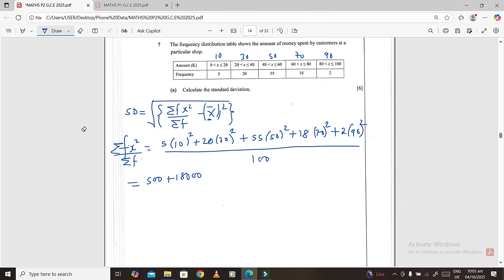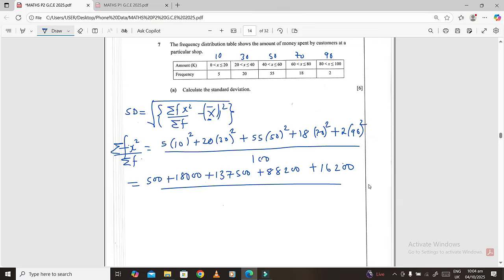And then 55, open bracket, 50 squared, will give us 137,500, plus 18, open bracket, 70 squared, giving us 88,200, plus 2, 90 squared, giving us 16,200.